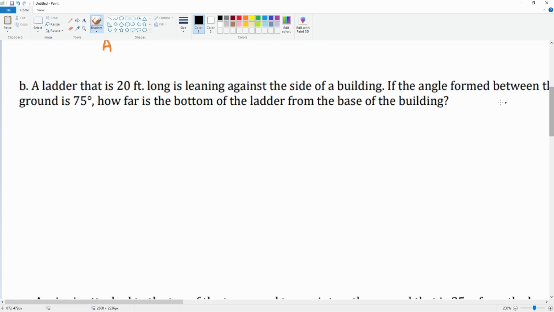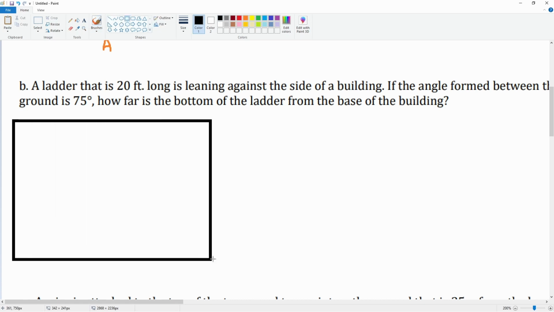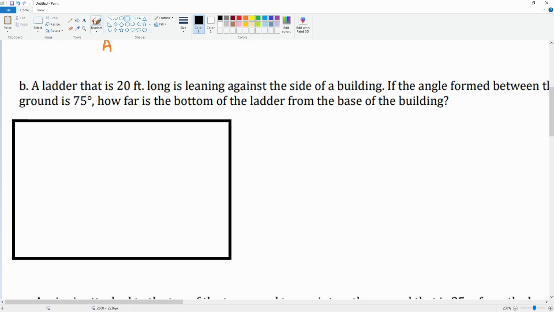Okay. All right, so here's the side of a building. Here's the building. Then we have a ladder that is 20 feet tall. And then this ladder leans against it.